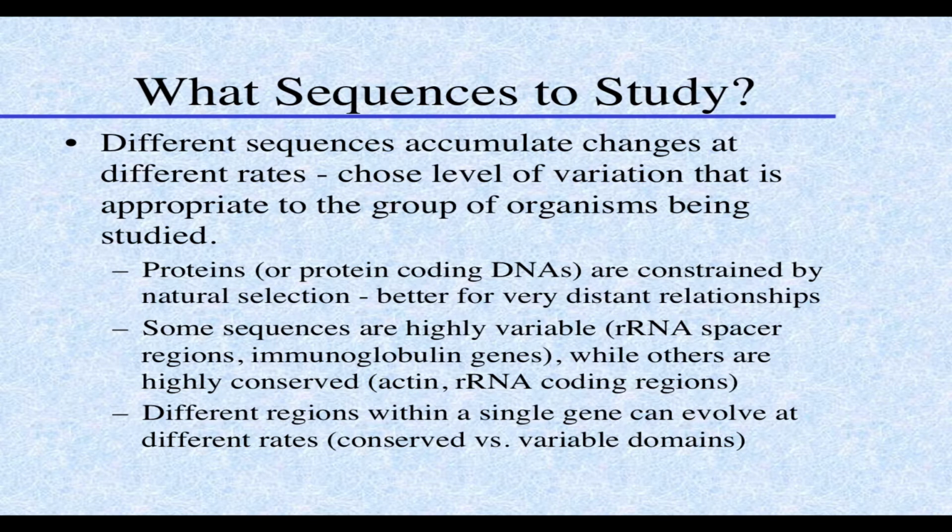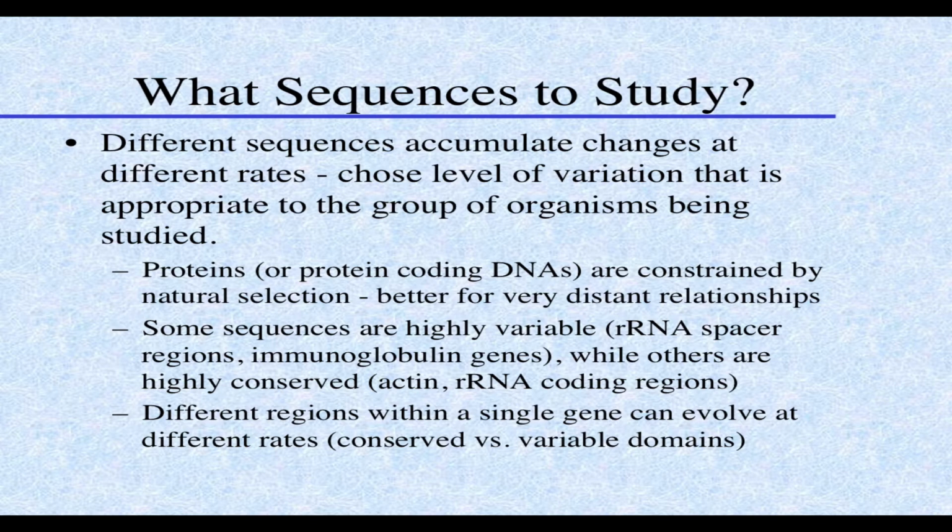A 16S ribosomal RNA would be an example of a non-protein coding sequence that makes a good phylogenetic tree. What sequence you choose will influence the result of your analysis. That's obvious. And so how do you choose a good sequence that will give you a reasonably accurate phylogeny?